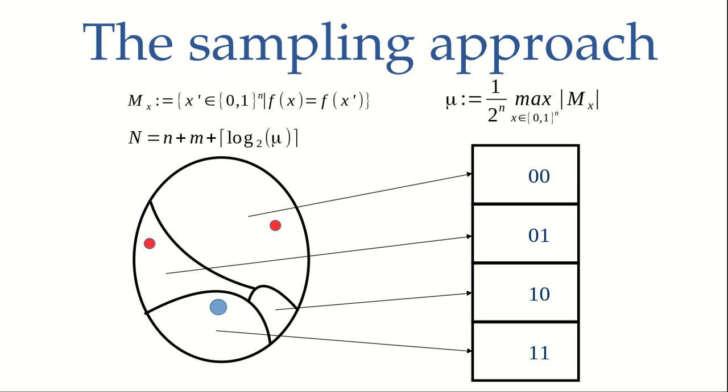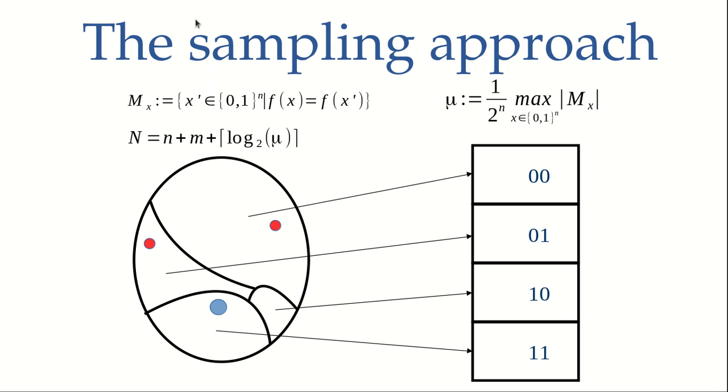And we continue like this. We do this for a certain number of input patterns, and for each of these input patterns we sample a certain number of other input patterns to estimate the size of m of x for each of these input patterns x. And then the max of these numbers that we obtain is our estimate.